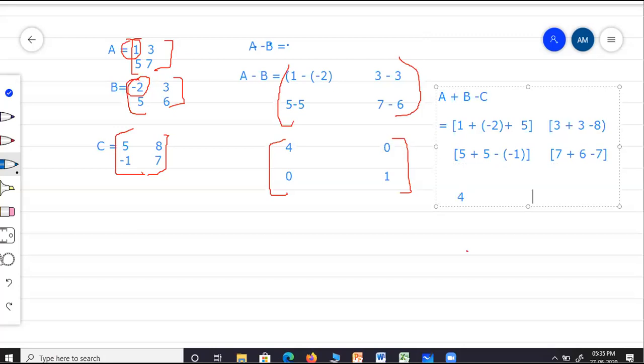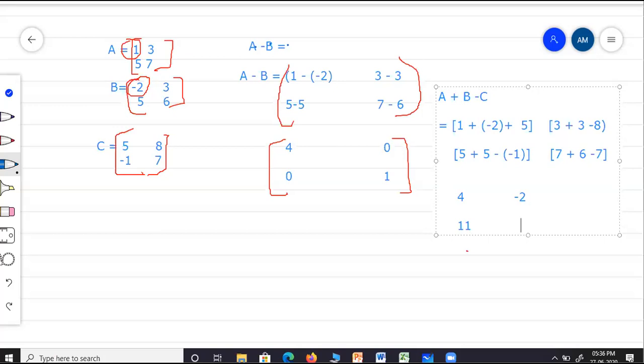Then 3 plus 3 minus 8: 3 plus 3 is 6, and 6 minus 8 is minus 2. Then 5 plus 5 is 10, and minus minus is plus, so plus 1, that is 11. And for the last element, 7 plus 6 is 13, and 13 minus 7 is 6.